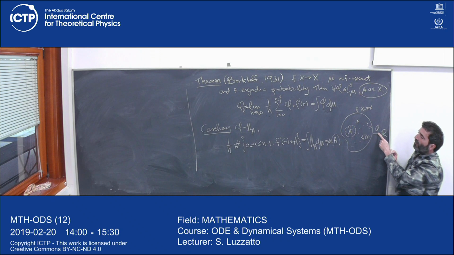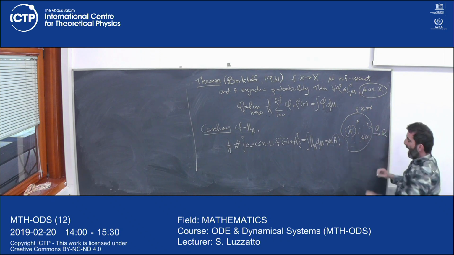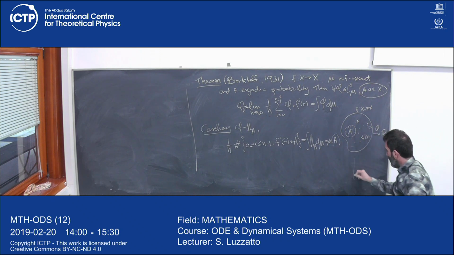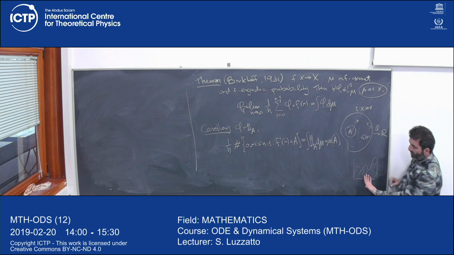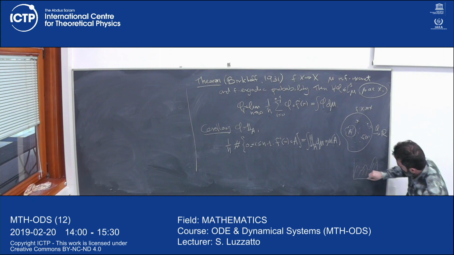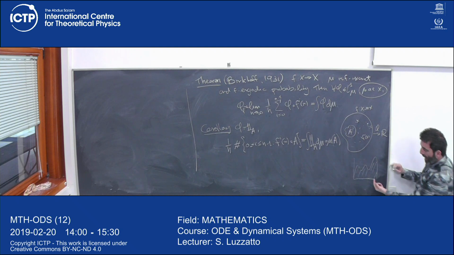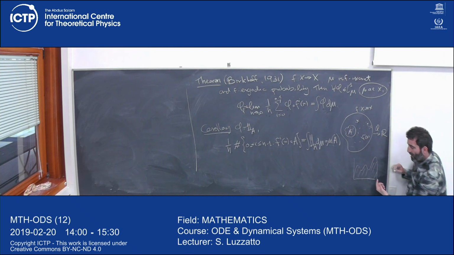Because the average value of phi is saying what is the average value. If phi is some function like this, right? The average value of phi is the integral of phi, which is this. And so if you look at a point that moves in space, it's like saying that the orbit is uniformly distributed according to this measure, right?